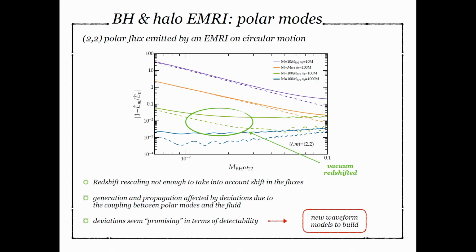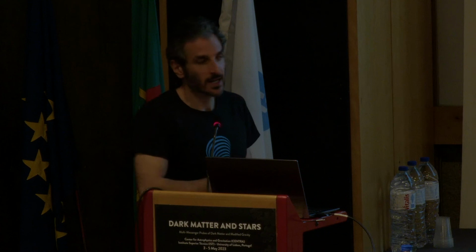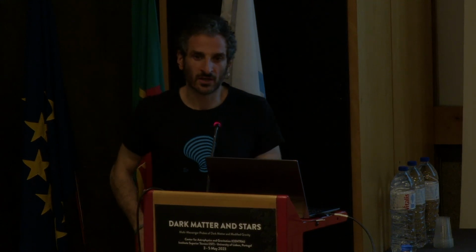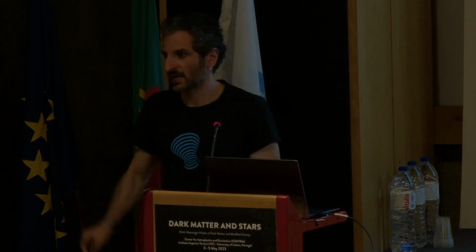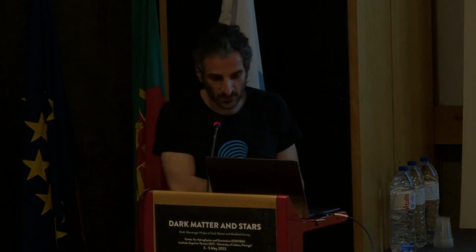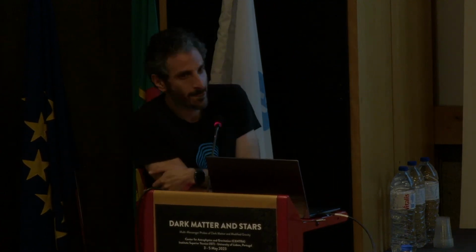Which means that there is a lot of work to do, and in particular that there is a good chance that we need to try to work out realistic waveforms in order to model the system and embed the effects on the gravitational wave emission. Okay, I'll leave with the summary, and thank you so much. Okay, thank you so much.